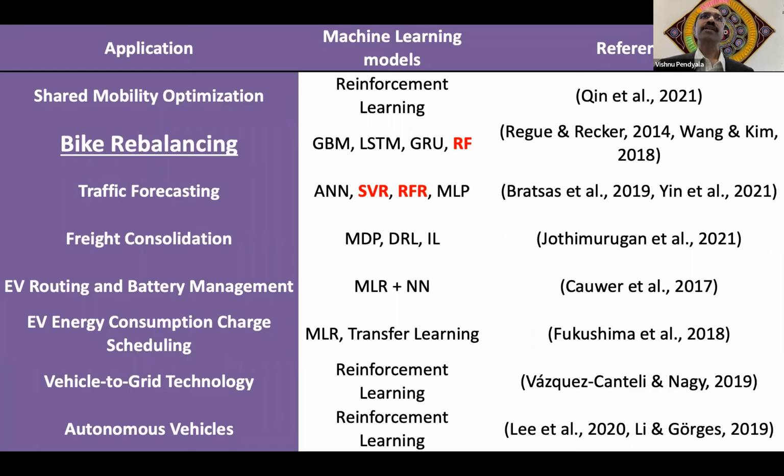This is particularly important in Europe because bike sharing is a popular concept there. And you can adjust the prices based on the availability of the bikes at a particular location.